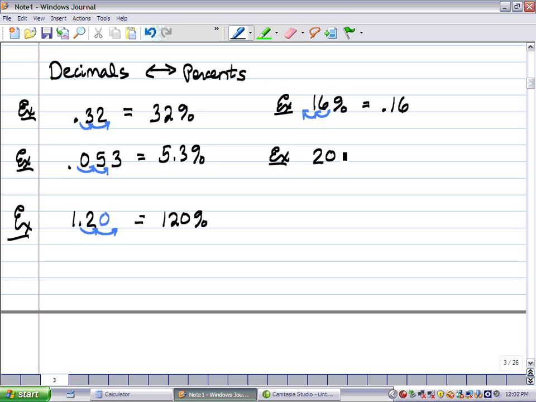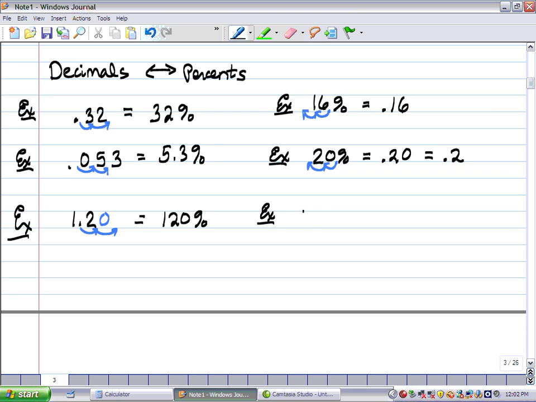If I have 20%, same thing. There's an invisible decimal here at the end. So I need to move it back to the left 2 places. So that's 0.20. But as you know, with decimals, we don't have to leave the zeros on the end. So that would be the same thing as 0.2.